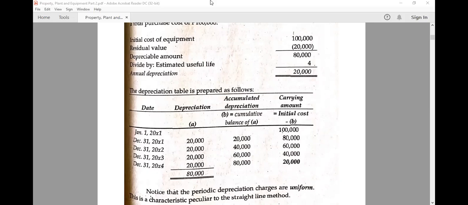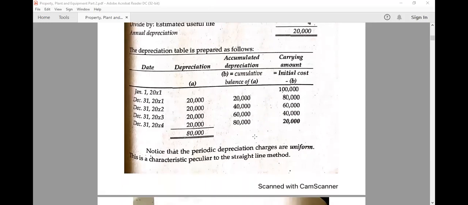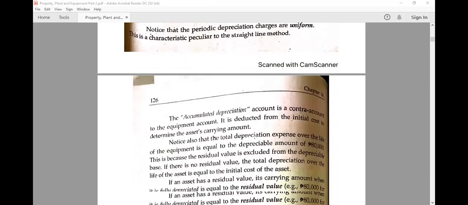That will be tackled in the later topics. And then for the purposes though of computing the depreciation, we use the depreciable amount, which is cost minus residual value. All right, so uniform charges or constant charges for straight line method.